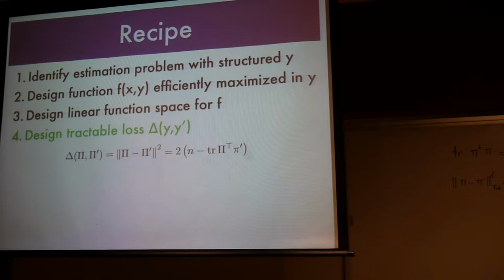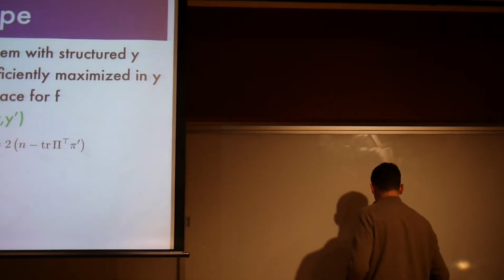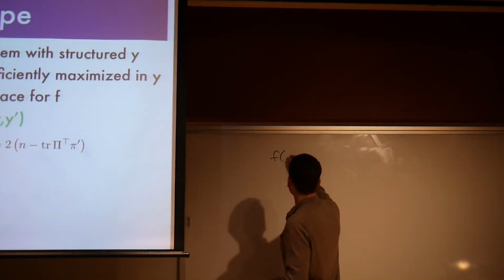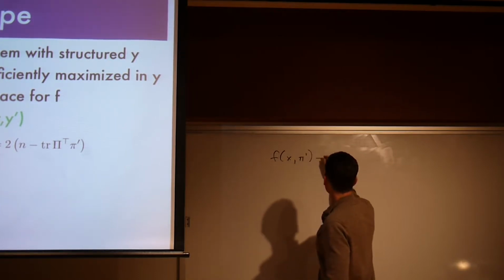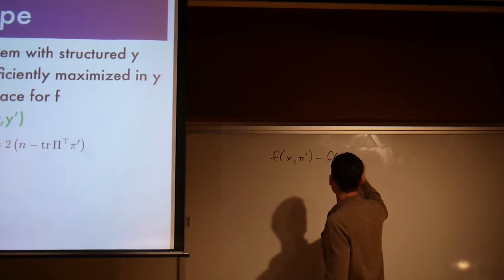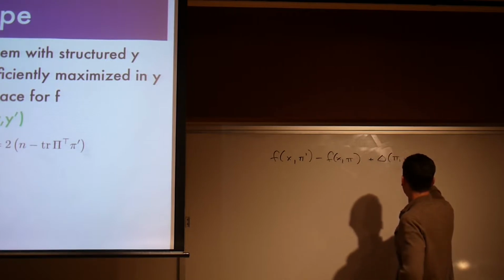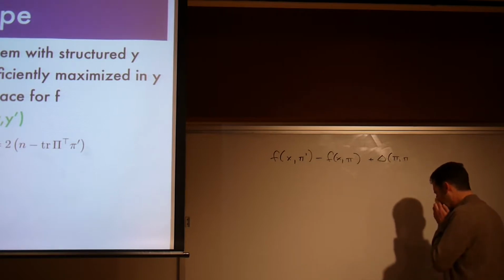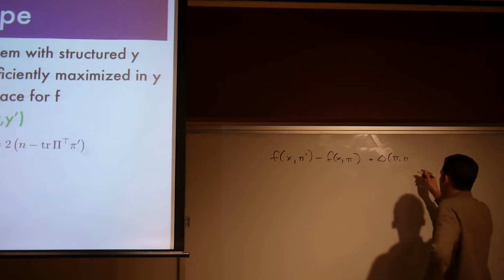Do you guys still need to copy that down? Or you don't? Okay. Remember we had f of x and phi prime minus f of x and phi plus delta of phi and phi prime.